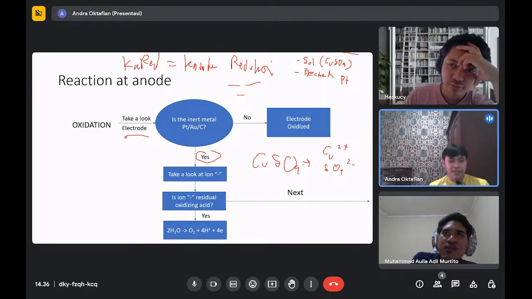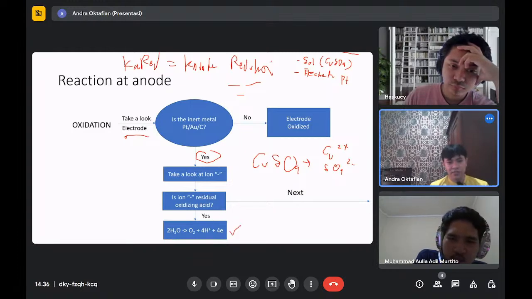We know that the sulfate comes from sulfuric acid, asam sulfat in Indonesian, which is a residual oxidizing acid.